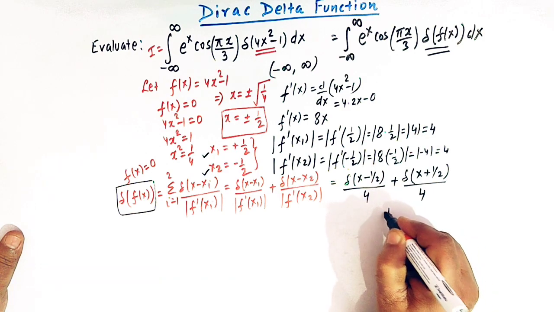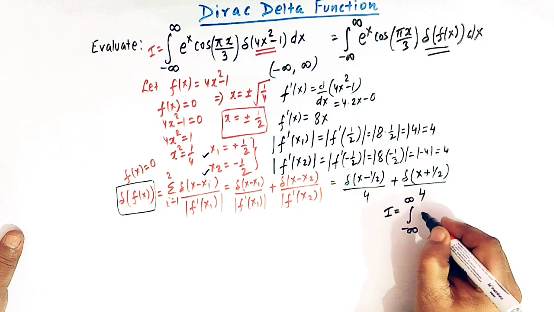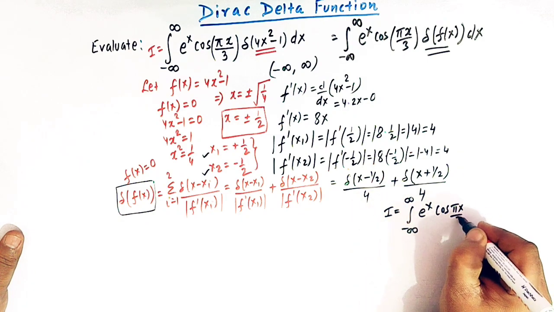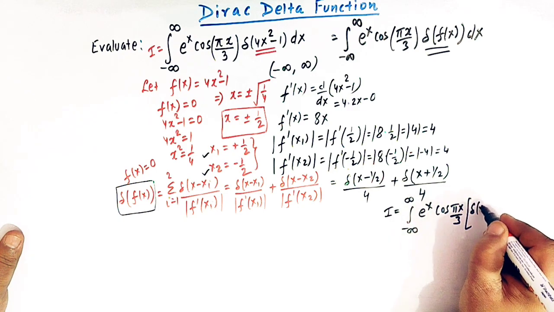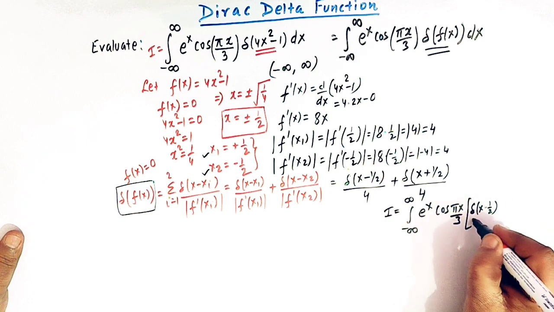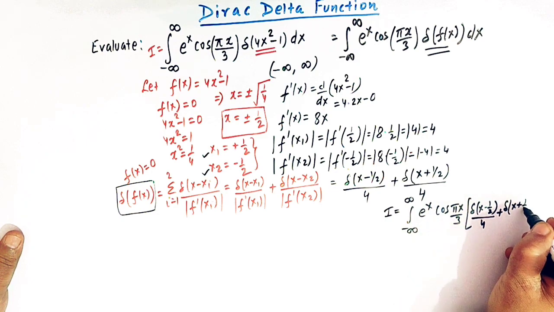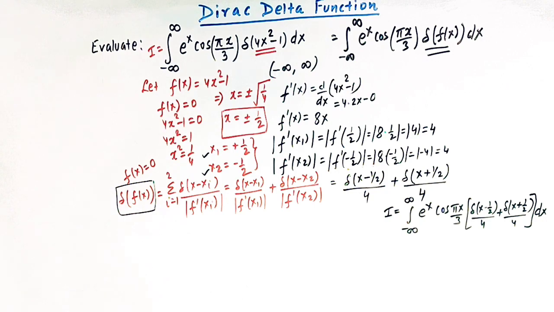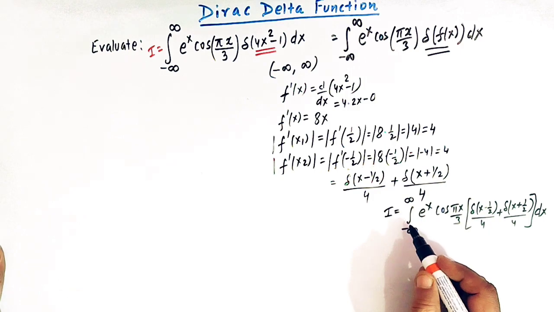So we have I equal to the integral from minus infinity to infinity of e raised to x cos of pi x over 3, and then we have delta of x minus half over 4 plus delta of x plus half over 4, and here we have dx. So now we can take 1 over 4 outside the integral.